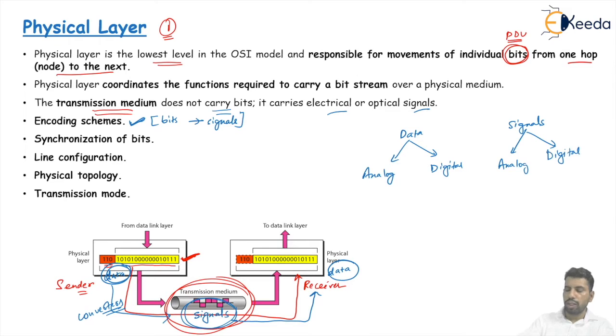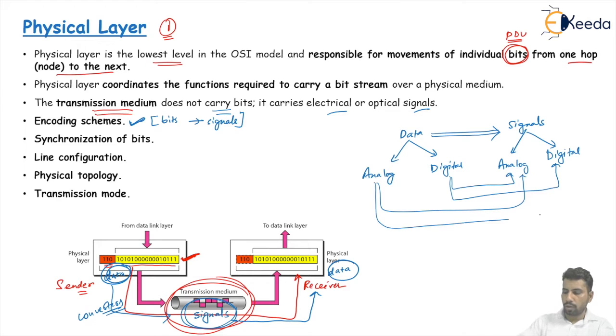Mainly we have four types of encoding schemes: digital to analog conversion, digital to digital conversion, analog to analog conversion, and analog to digital conversion. So we have four types of encoding schemes for all possible conversions.